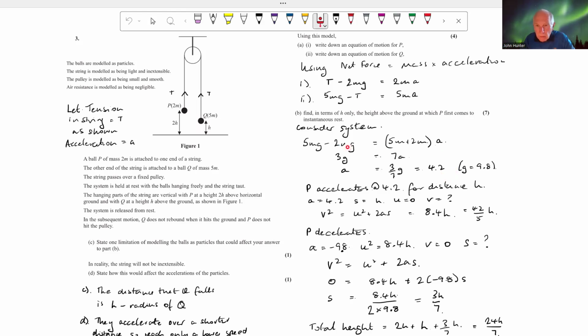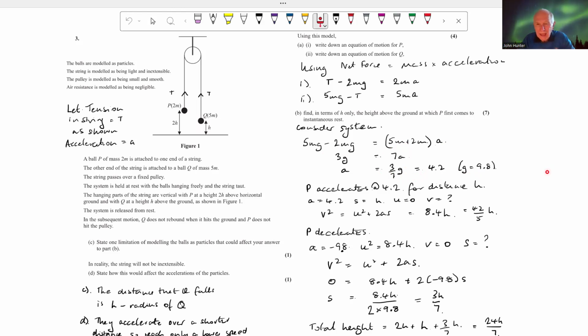Right, okay, now m is going to cancel out of that, and if we're taking g as being 9.8, which is a sort of default value in Excel examinations, then we've just got an equation in a, which is going to bring a to be 3/7 g, or 4.2 in actual fact. Right, so that's the acceleration.